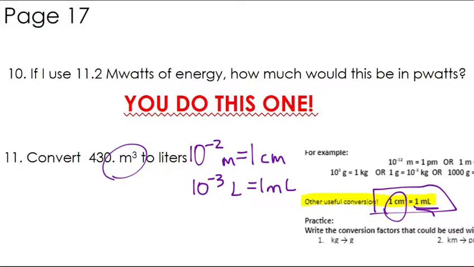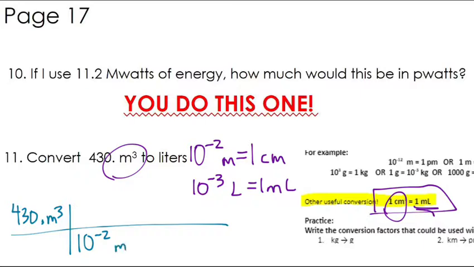So let's start with our 430 meters cubed. And then I'm putting my meters on the bottom to 1 centimeter. And hopefully in class we've already worked out a problem like this where we are given something squared or cubed and our conversion factor is not squared or cubed.